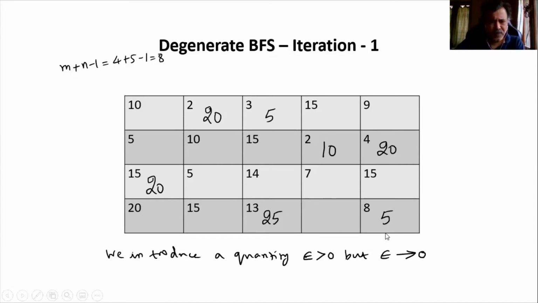Generally, this epsilon is allocated to that particular cell where the cost is least, right? So if you look into the unallocated cells here, the cost is 10, here it is 15, here it is 9, 5, 10, 15, 5, 14, 7, 20, and here nothing, right?